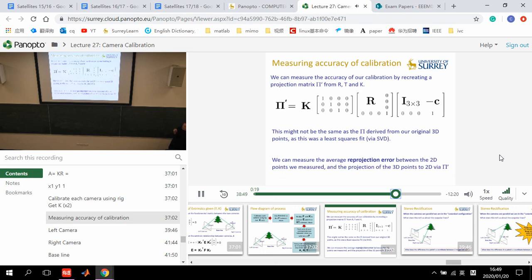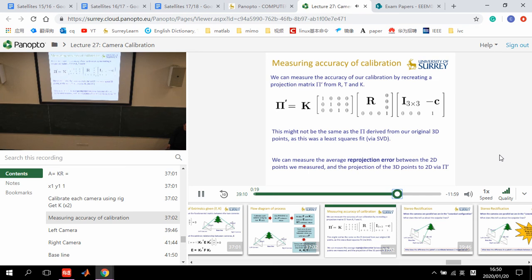And we can sum up the error between where we think the point should be and where it actually is. We could take an average of those errors per point, which we call the reprojection error, which tells us how good our calibration is.